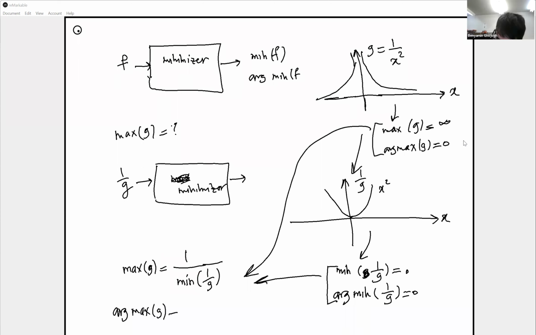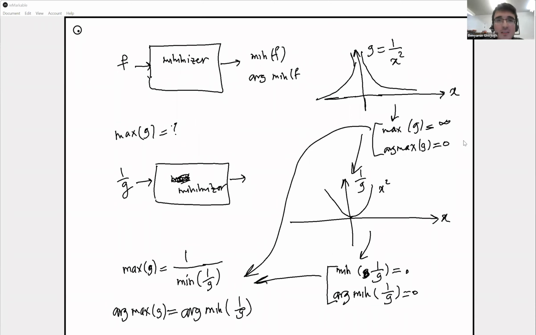Argmax of g, what is it? 0. How is it related to argmin of 1 over g? It's directly related, I think. I think it's exactly equal.